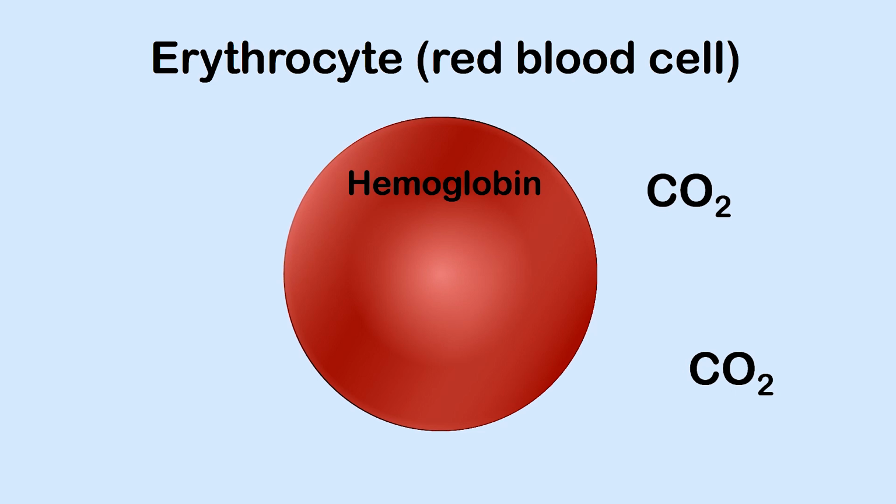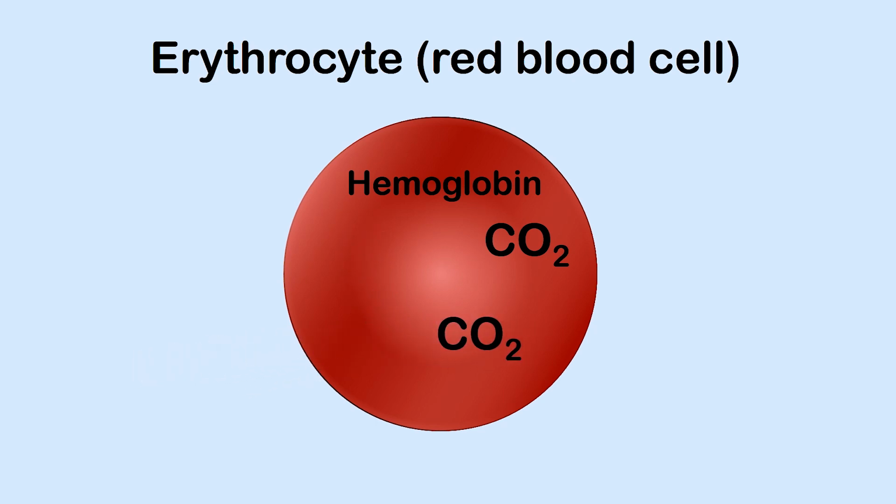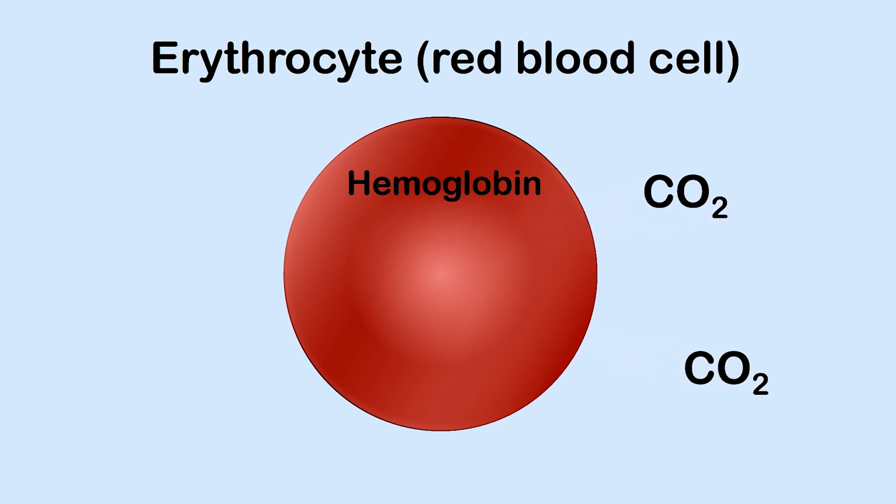This is again assisted by carbonic anhydrase, which will lead to additional production of carbon dioxide from those bicarbonates. Finally, this reduction in the hydrogen ion concentration means that hydrogen ions will move off of the hemoglobin and also stimulate the release of the carbon dioxide from that hemoglobin, preparing that hemoglobin to store more oxygen.